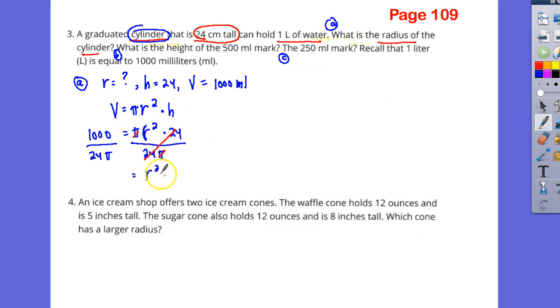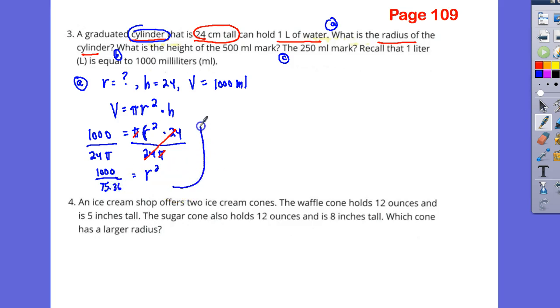I'm going to have r squared is equal to, I'm going to simplify this first. This is 1,000 divided by 24 times 3.14. That is 75.36.